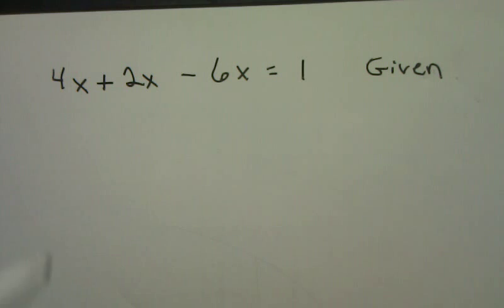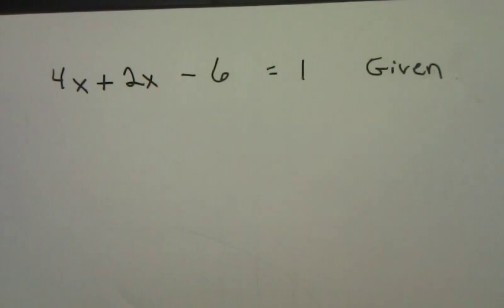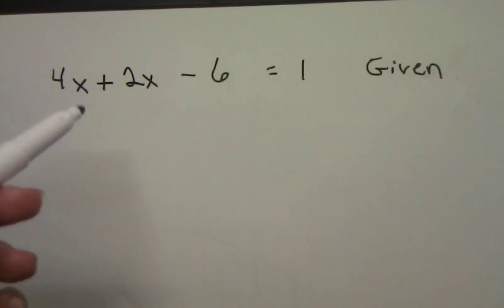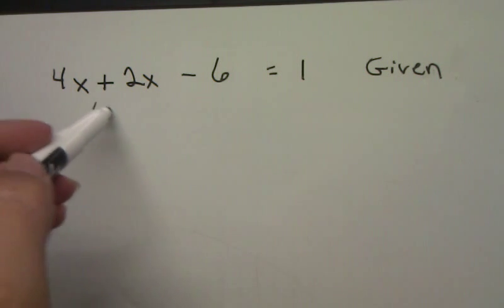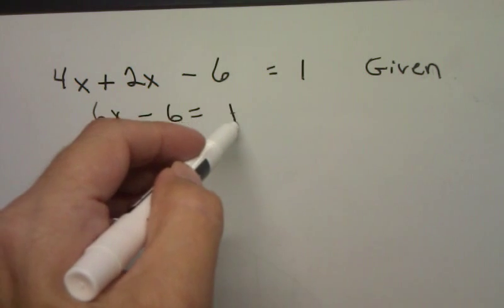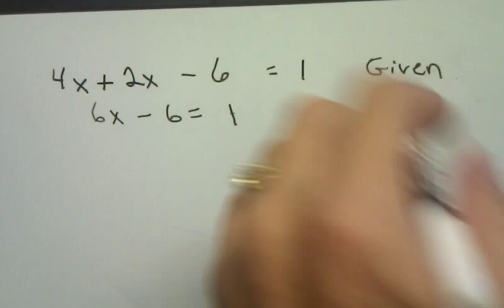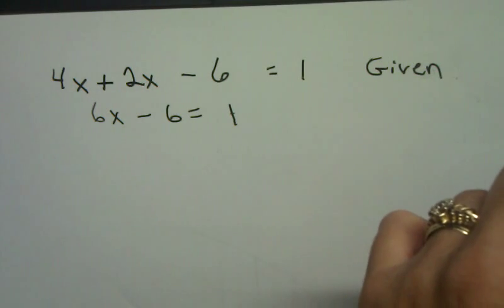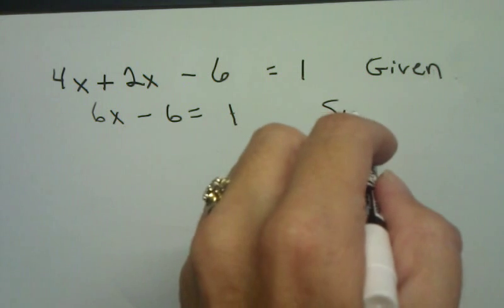We have 6x minus 6 equals 1. This is, well, it called it substitution.